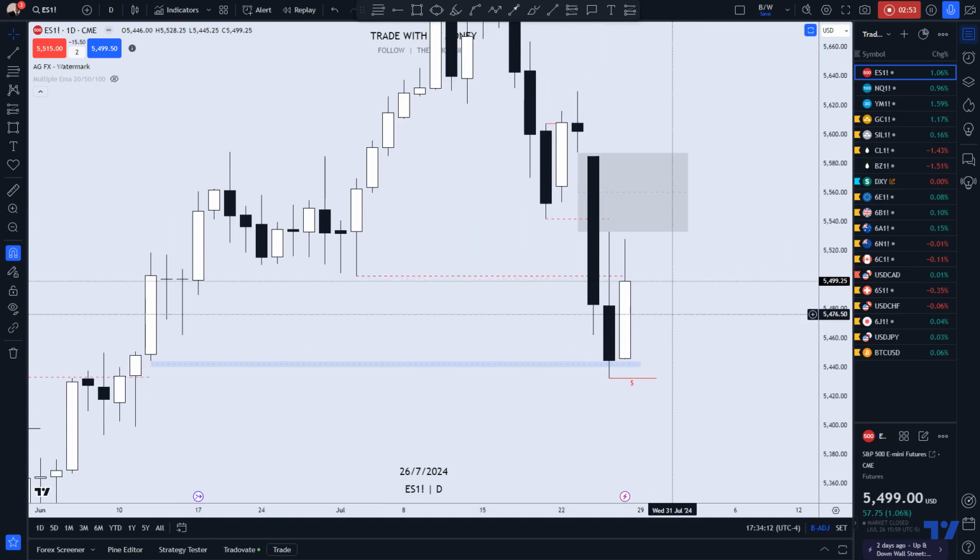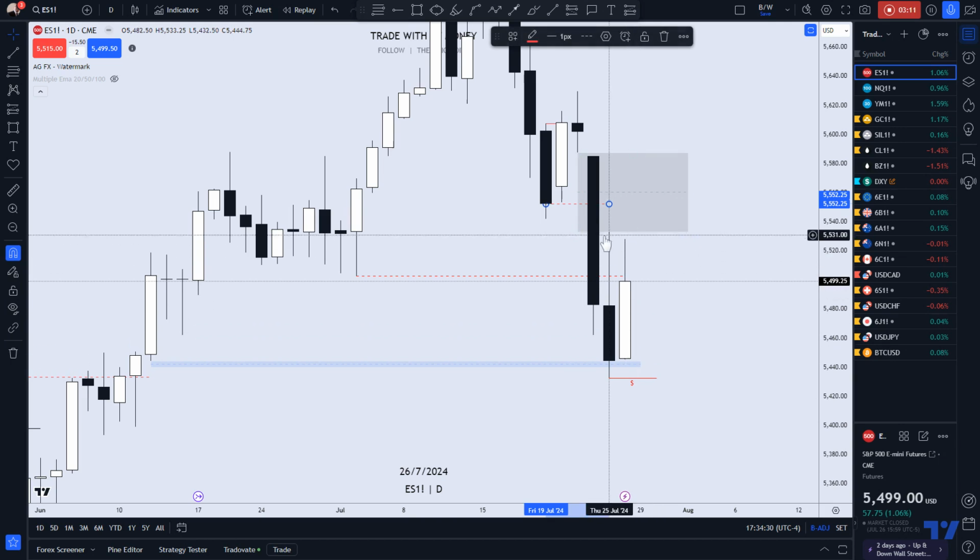Now, what am I thinking? Because we have a bearish fair value gap with an overlapping market structure shift, and this area of fair value that is intersecting my bearish fair value gap here.